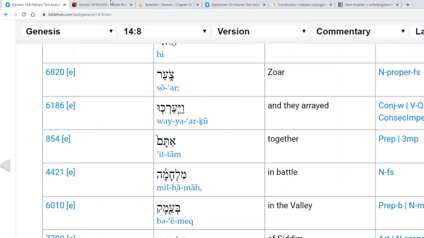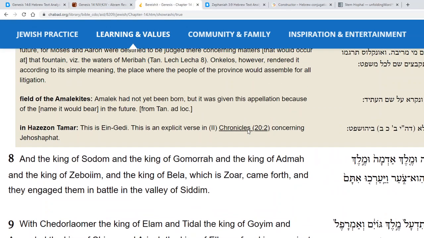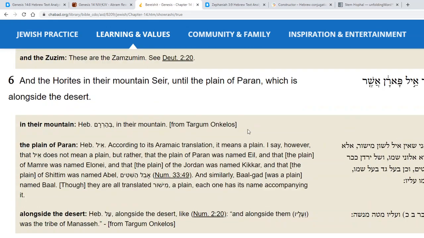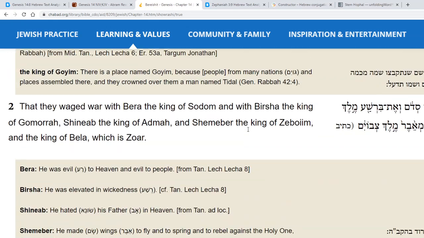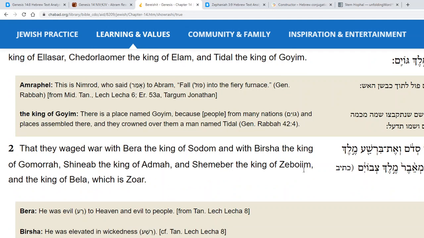I guess, if you're interested in which is Tsar, we were looking at Shem Ever, the king of Tzivoim, and the king of Bela, which is Tsar.